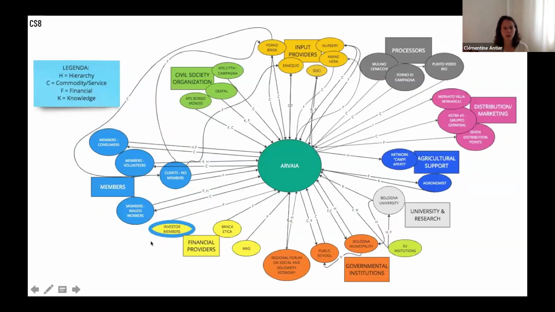And I think it's even more explicit in this map from case study 8, where the cooperative that they look at is really in the center, and all the arrows are organized around it. So this was really how value network maps can be used as a visualization tool, which is already very, very useful to know what we're talking about, and to help actors be aware of where they are located in the system.